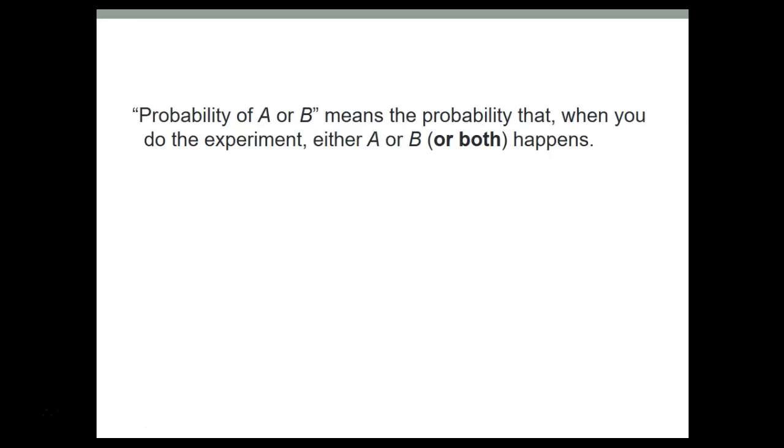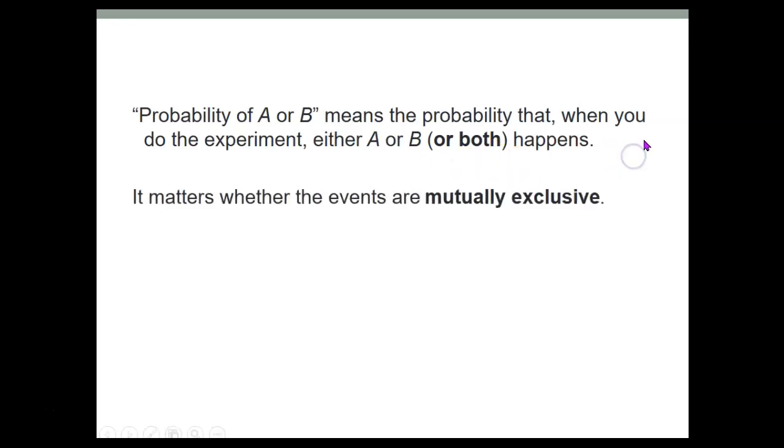So when we talk about the probability of A or B, that means the probability that when you do the experiment, either A or B, or both, happens. The A and the B stand for whatever events you want to talk about happening, like getting an ace or getting a spade. And it matters whether the events are mutually exclusive.